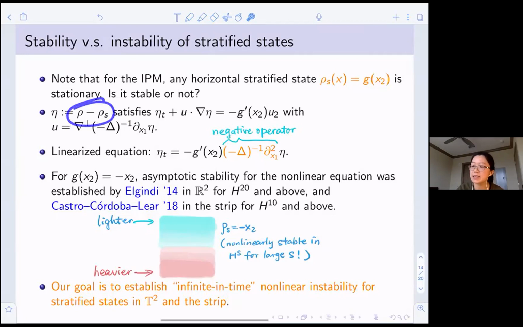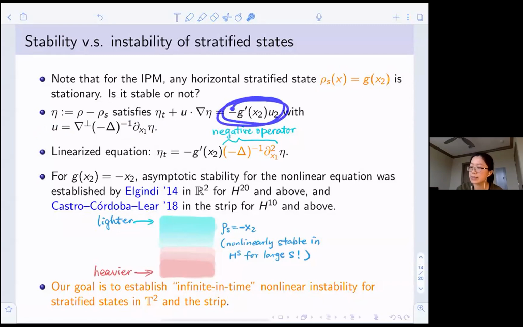So let's look at the difference between the actual solution and this steady state, plugging it into the IPM. There is still this velocity field U, and the Biot-Savart law is the same, the way that U is related to eta, because rho s itself has no contribution to the velocity field.